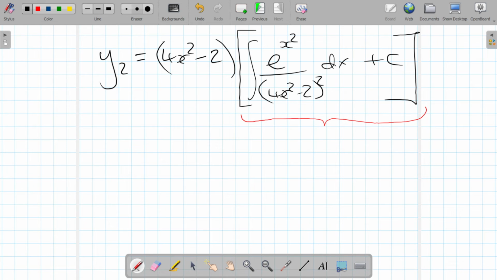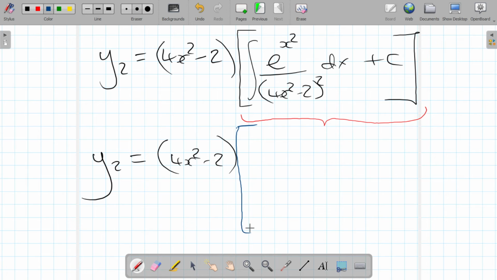So if we use our software to find the solution, we've got y2 equals 4x squared minus 2 times, and I'll do this in blue. Right, so we've got the bracket there, and all of this inside the brackets works out to give the root of pi over 16 times the imaginary error function of x.